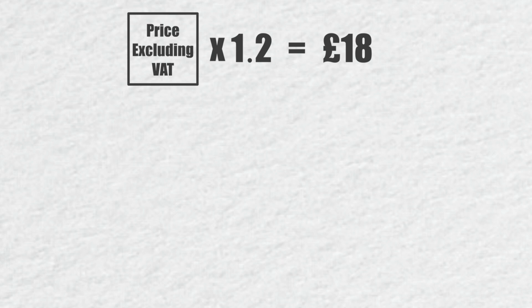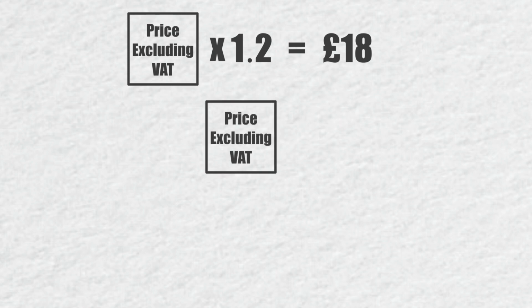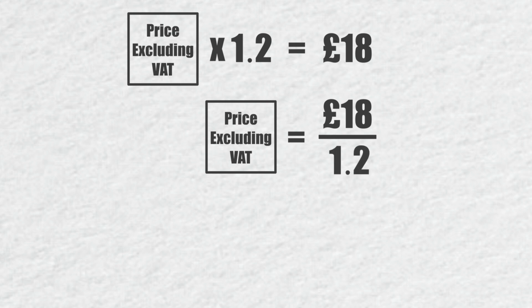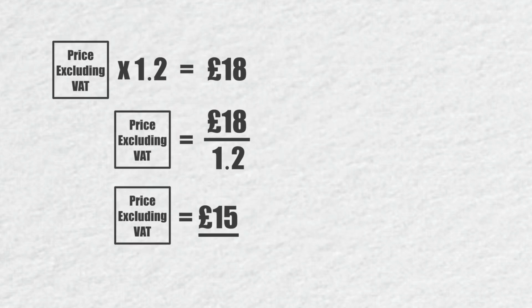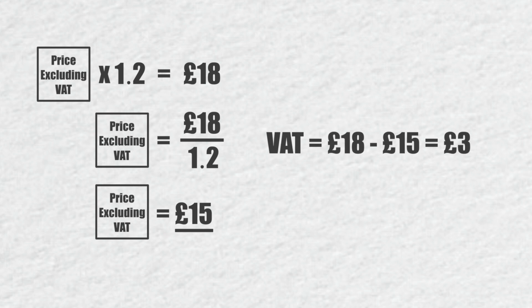We can now find the price excluding VAT, which must equal £18 divided by 1.2. And this is equal to £15. And there is our price excluding VAT. And of course the VAT is equal to £18, subtract £15, which is equal to £3.